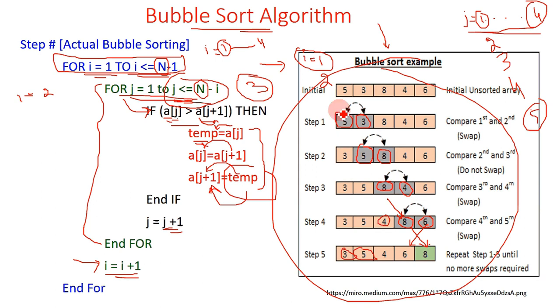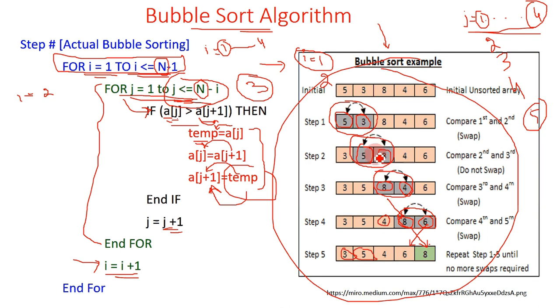This is the working of the bubble sort. Why is it called bubble sort? Because the comparison starts from the first location and goes to the end, just like a bubble. As a bubble expands, these comparisons also go till the end.